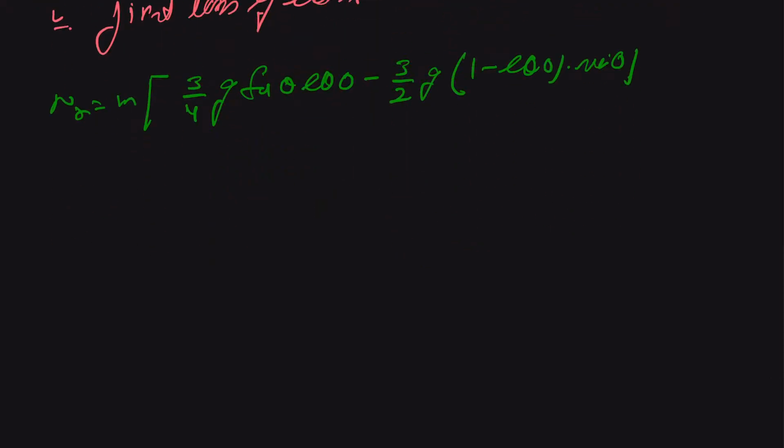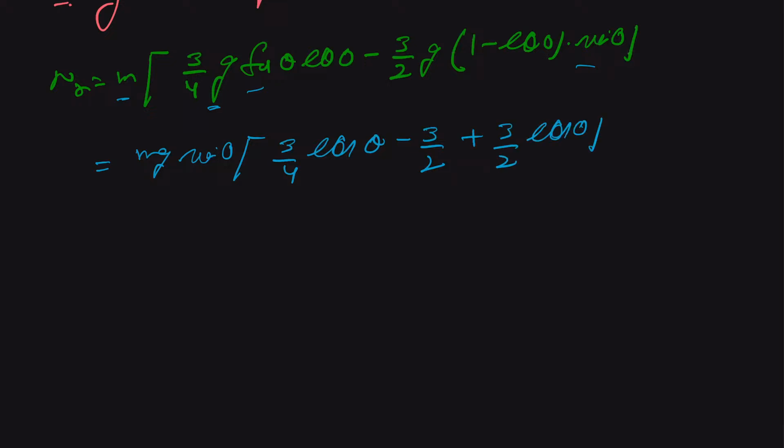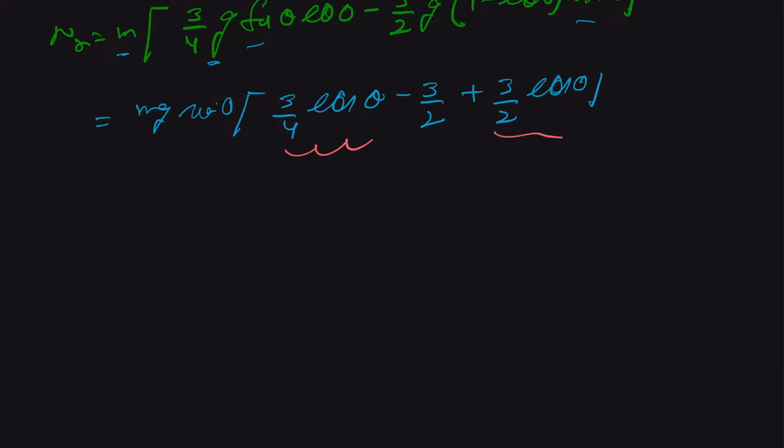Okay, and when we open this, we can take mg and sine of theta as common, so we can write this as mg sine of theta times 3 by 4 cos of theta minus 3 by 2 plus 3 by 2 cos of theta, and we can solve these two parts. 4 will be the LCM.